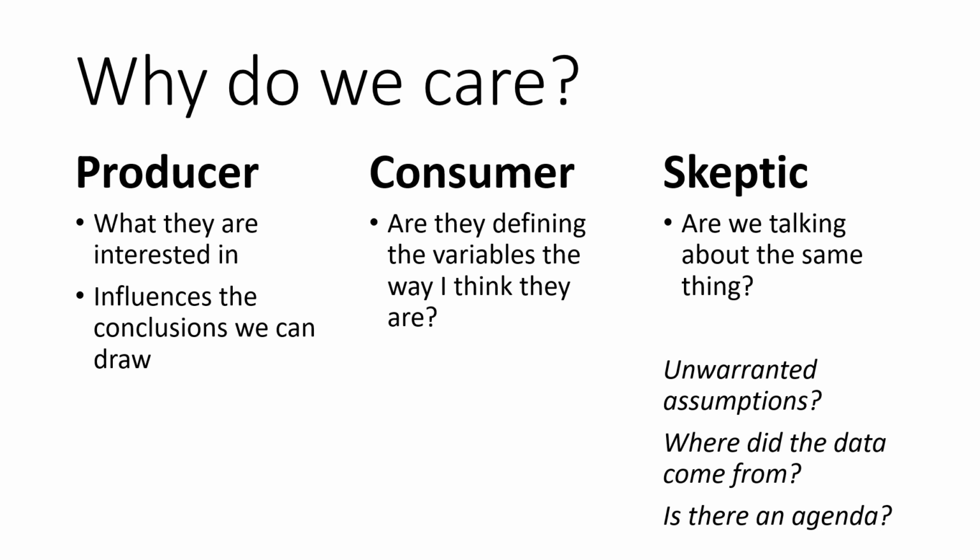And as a skeptic, thinking about the idea of a variable and the ways it can be defined encourages us to ask whether we're thinking about the same thing that someone else is thinking about when they make a claim. It also helps us evaluate the assumptions, sources of data, and potential agenda of the person sharing the information. The examples of the operational definitions from the scientific literacy book that I mentioned in the last slide relate to that.